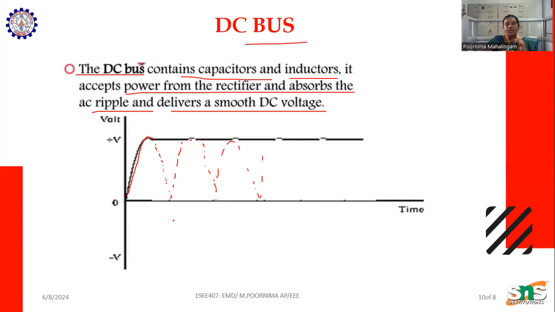The capacitor won't allow the signal to reach zero crossing. Before it reaches zero crossing, the capacitor acts and supplies power, so we can deliver a constant DC supply. This process takes place in the DC bus bar.